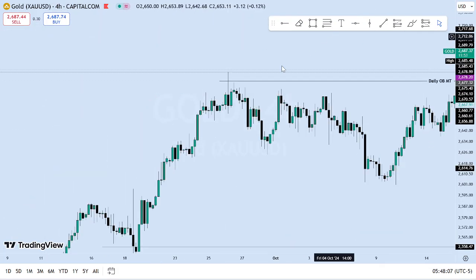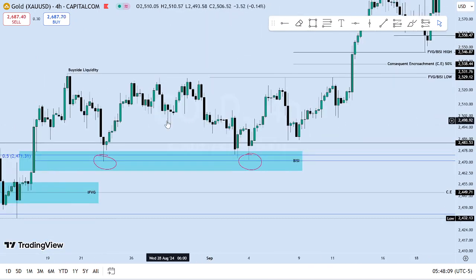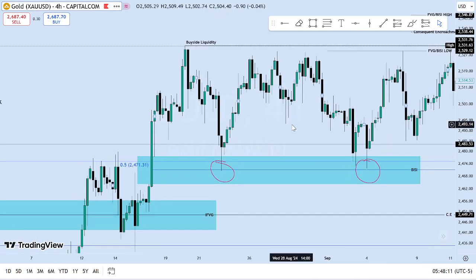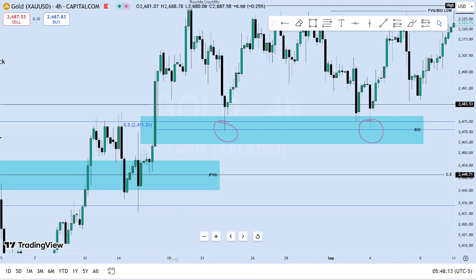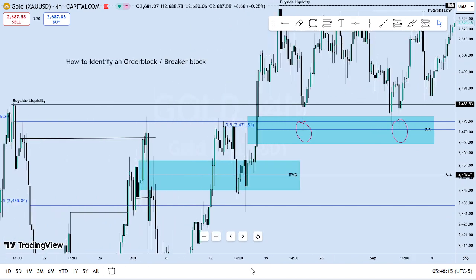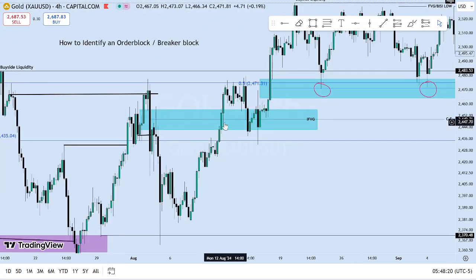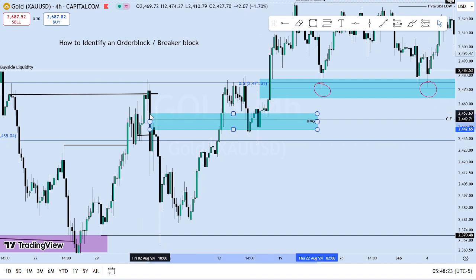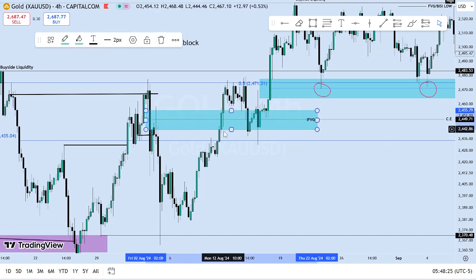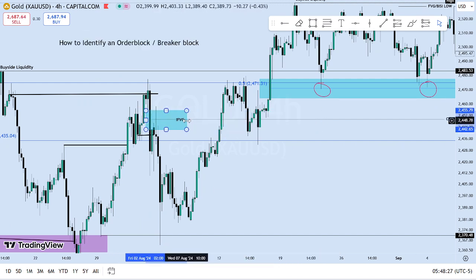So with everything now said, is there any question, anything you need to understand more? About that inversion fair value gap. Okay, yeah. Before this movement here already, here is a CB.